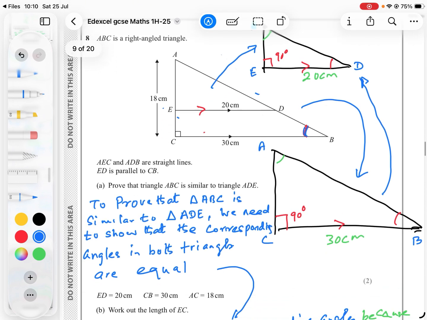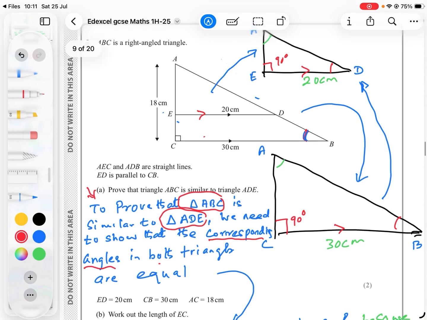So that's what I wrote here. To prove that triangle ABC is similar to triangle ADE, we need to show that the corresponding angles in both triangles are equal.